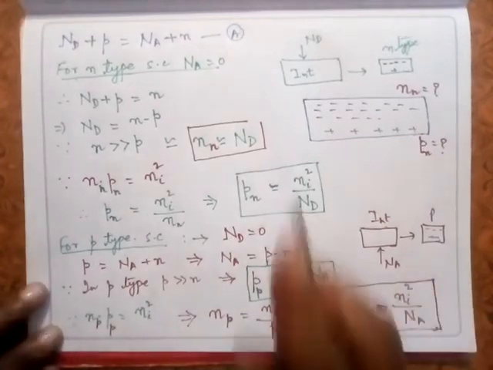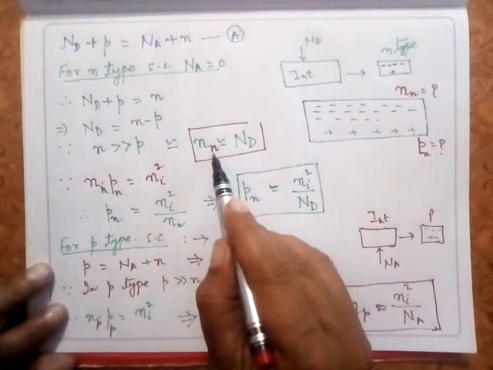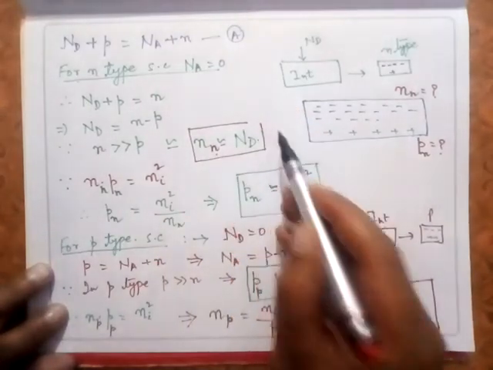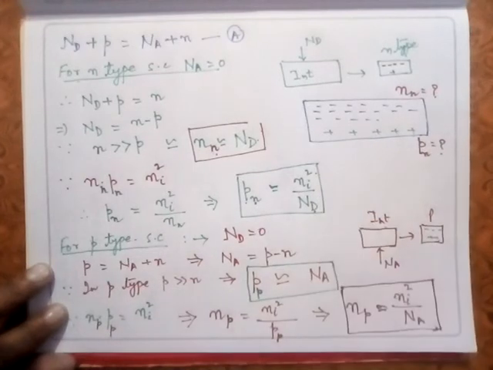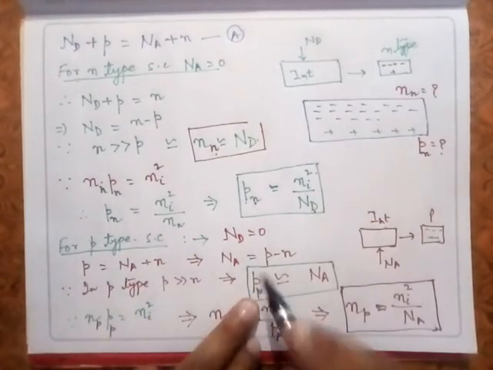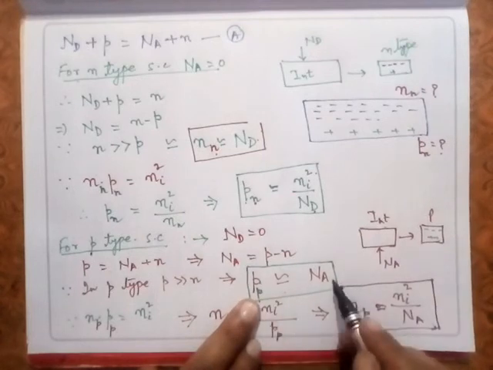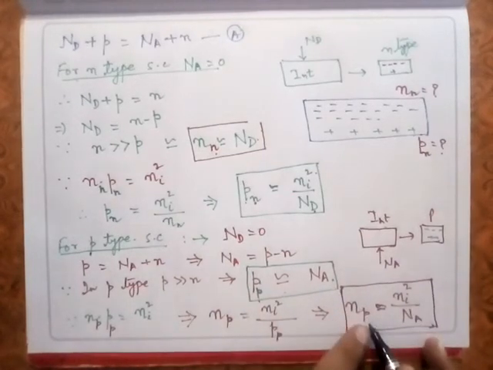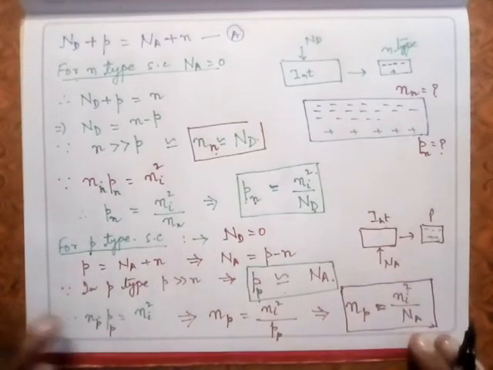So the number of electrons in n-type semiconductor approximately denotes donor concentration, and the number of holes in n-type is ni squared upon Nd. The majority carriers in p-type, the holes, are equal to Na, and the number of electrons in p-type semiconductor is equal to ni squared upon Na. I hope this is clear.